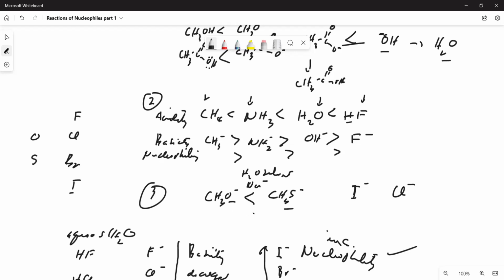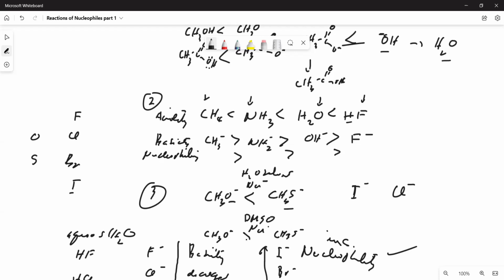But if you have, let us say, dimethyl sulfoxide or DMSO, and you compare the nucleophilicity of methoxide and methyl sulfide, since the solvent now is an aprotic solvent, the more basic, the more nucleophilic.